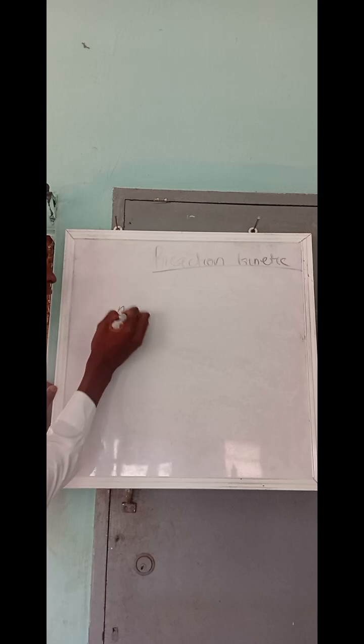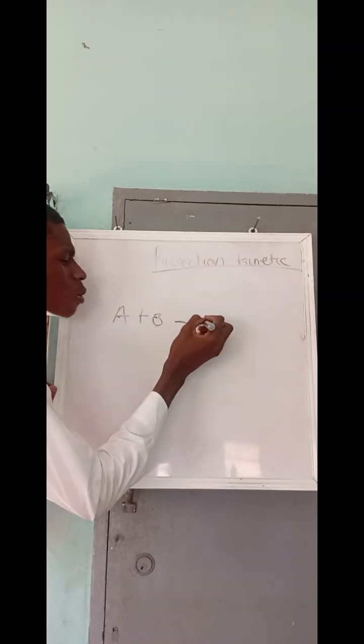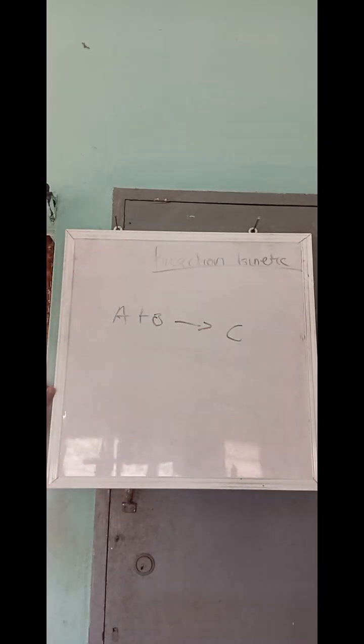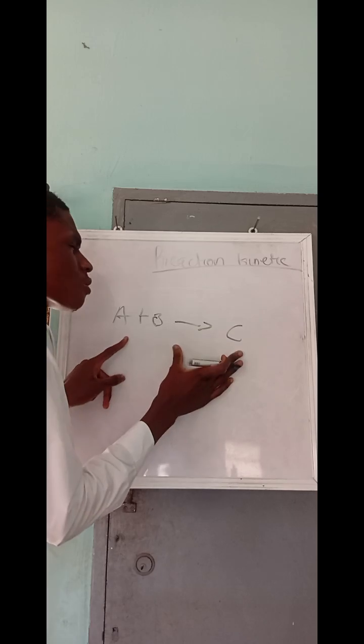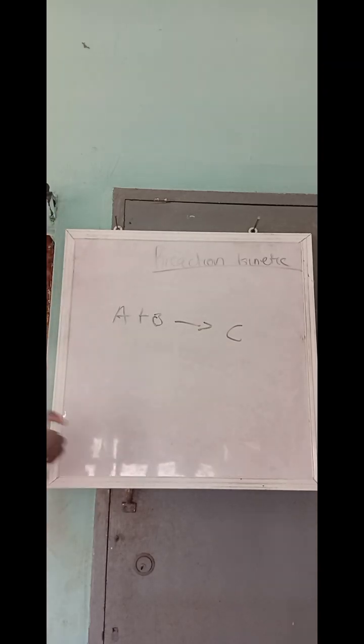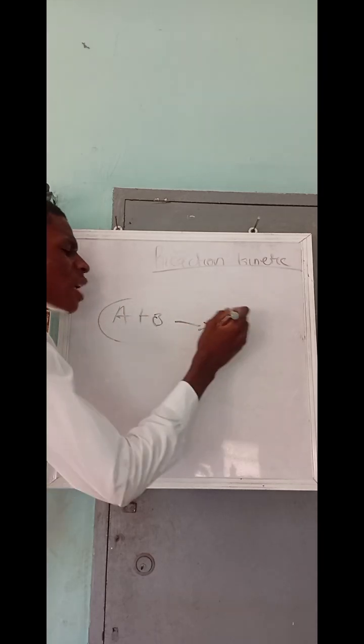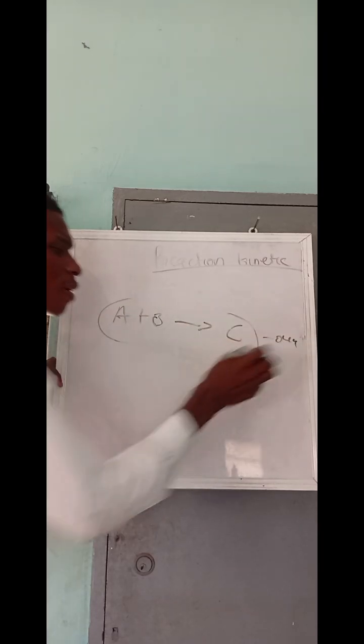An example: if I want to form C, this is my overall reaction. A plus B is equal to C. A plus B equals C does not just form like that. It has some particular reactions that make it up. This is an overall reaction.